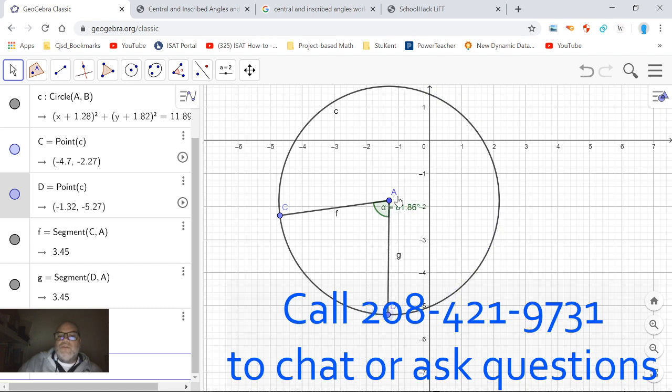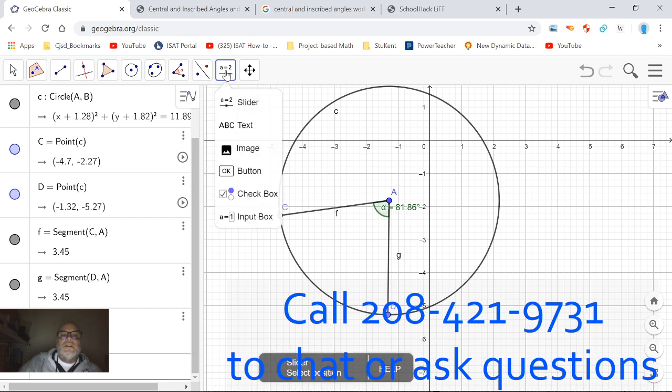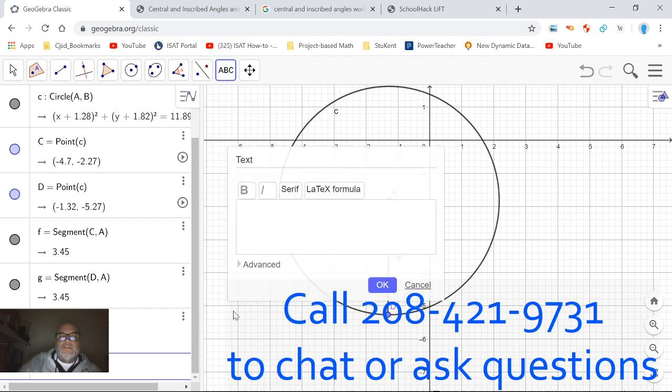So then the question is, what do we call this angle here? That is called, let me get a text button here, the central angle. This is a central angle, which goes from basically 0 degrees to 360 degrees, right?